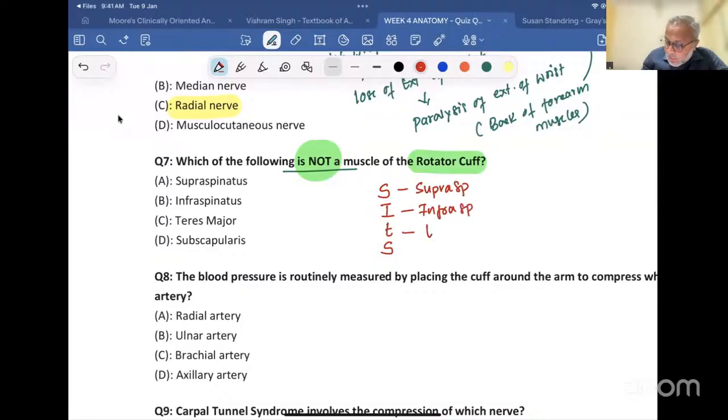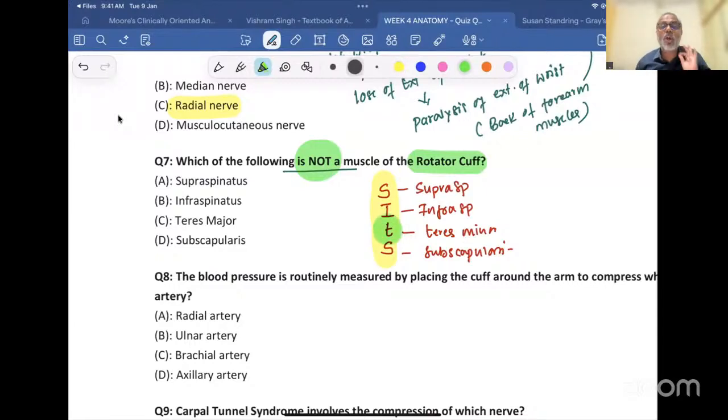Small t here refers to teres minor and S refers to subscapularis. Okay. Now this is what I want you to remember. Remember it as SITS, and in that, remember it as small t. Small t stands for what? Teres minor. Done.